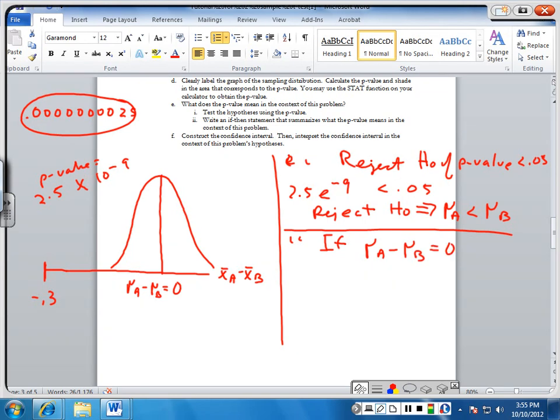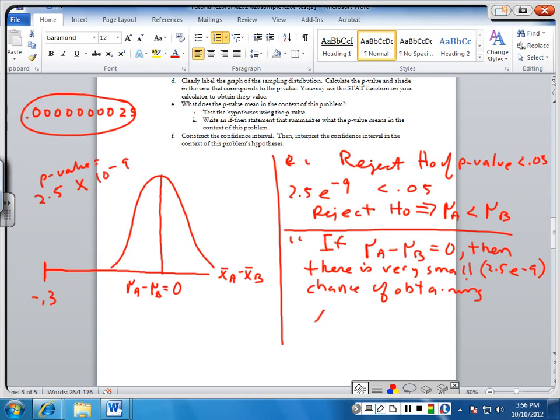Of course, you could have put if mu A is not equal to mu B. Then there is a very small, minuscule 2.5 times 10 to the minus 9, a very small chance of obtaining x bar A minus x bar B. Keep putting parentheses just to reinforce the idea that this is one number less than minus 0.3.